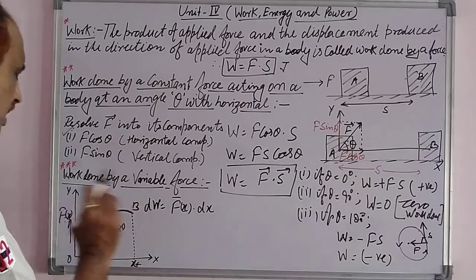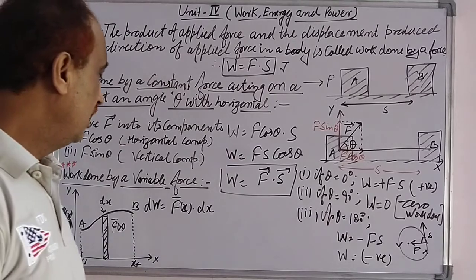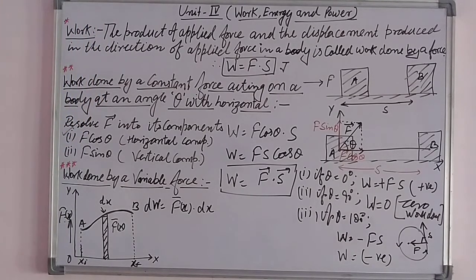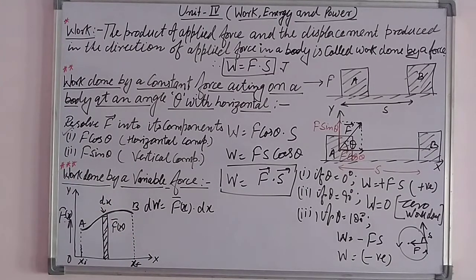So it is a variable force acting on the body in which the displacement is produced. Suppose xi is the initial position of the body and it displaces from xi to the final position xf, and it produces the displacement, the difference of these two. So in that situation, the force acting on the body is not constant, it is a variable force.